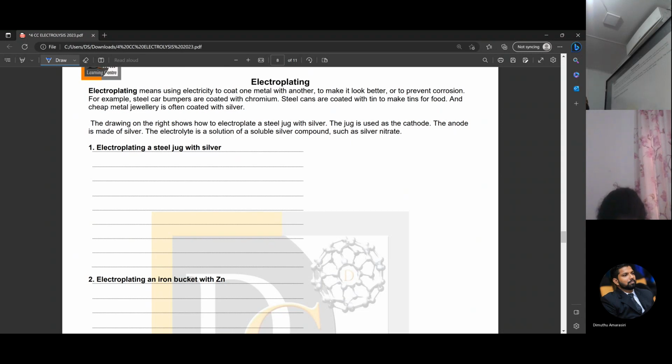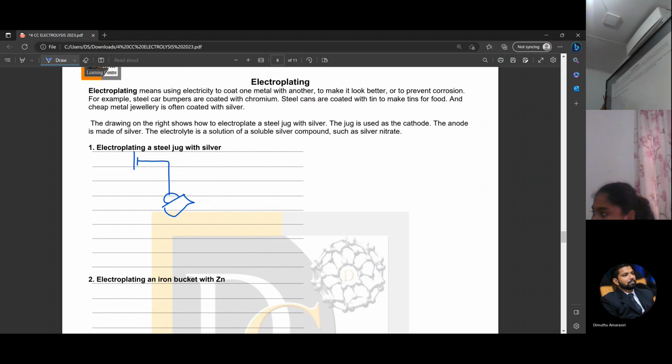When you use active anodes, what will happen? The anode will get oxidized instead of anions. That's the concept in electroplating. Why? If you want to electroplate some metal on, let's say, a steel jug, you want to make it look silverish, right?